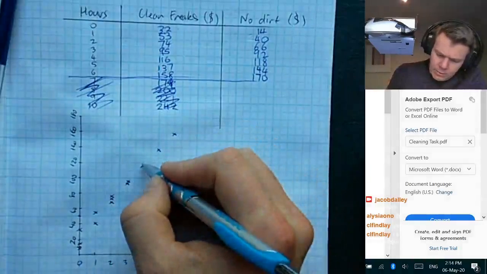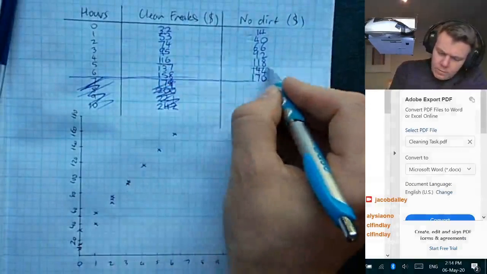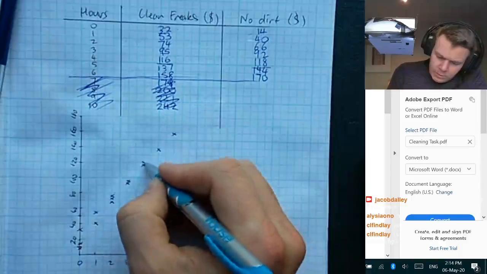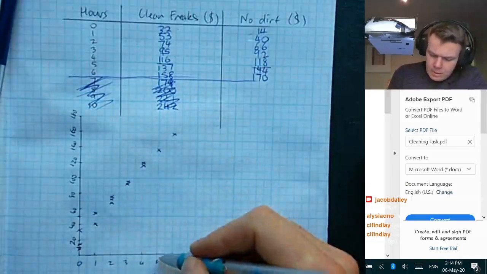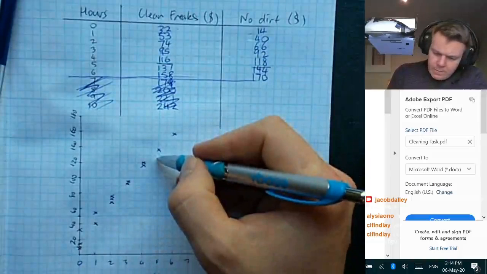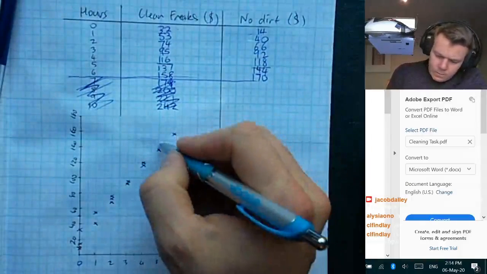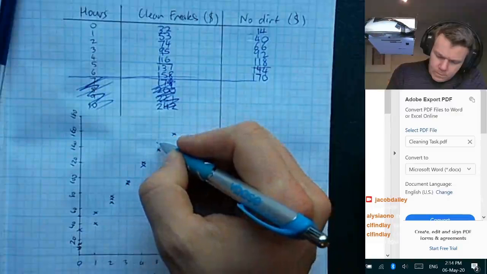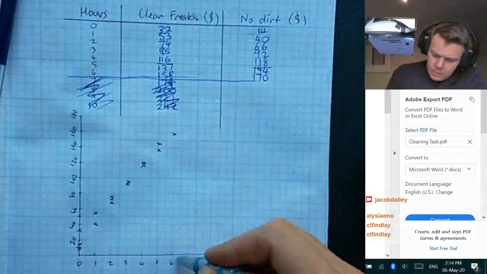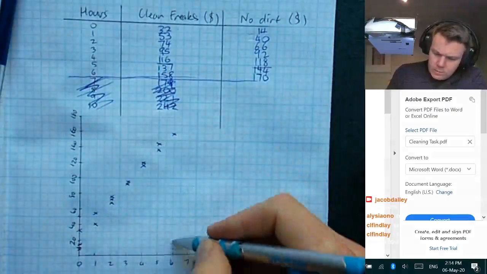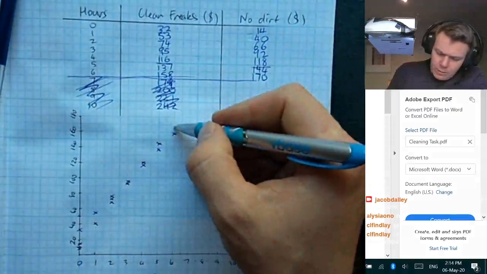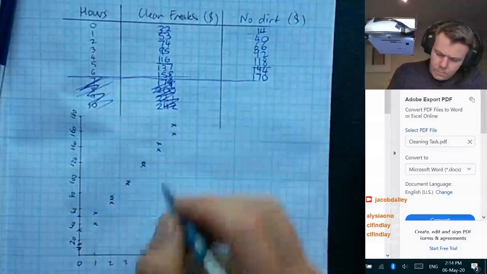So that one was above our blue line. 4 hours, 144. 6 hours, 170, right on the line.